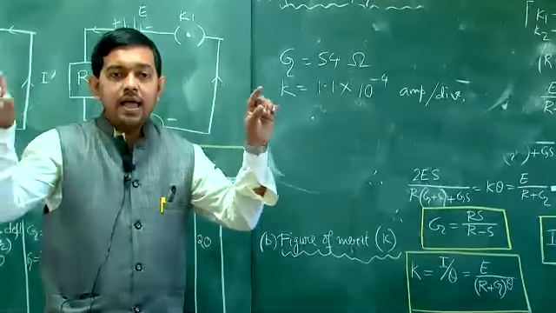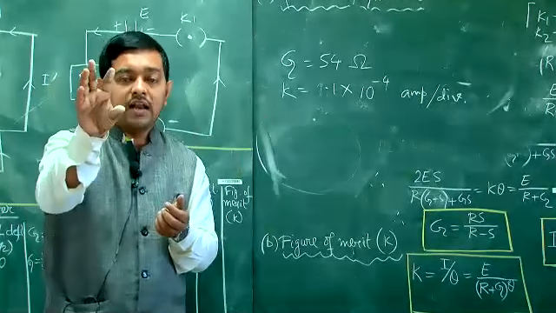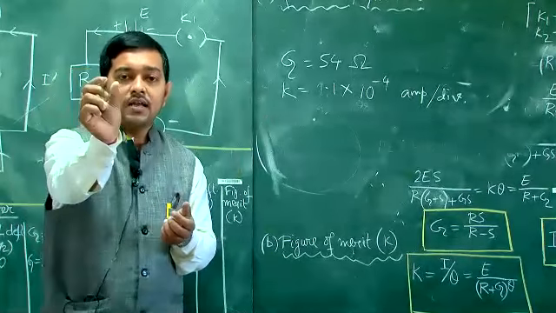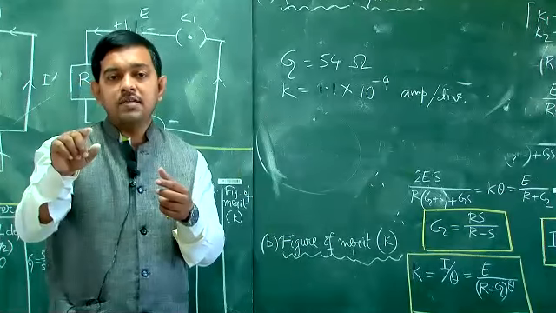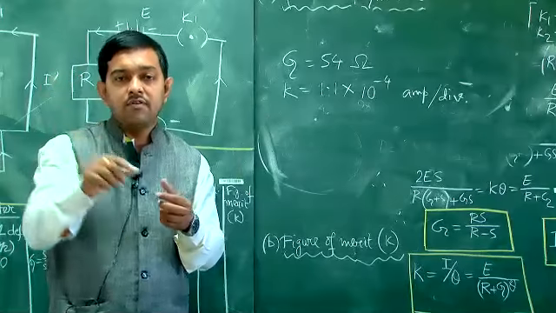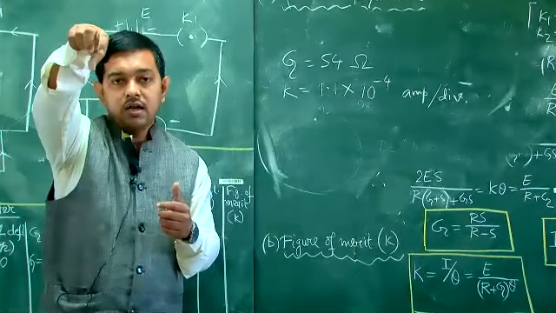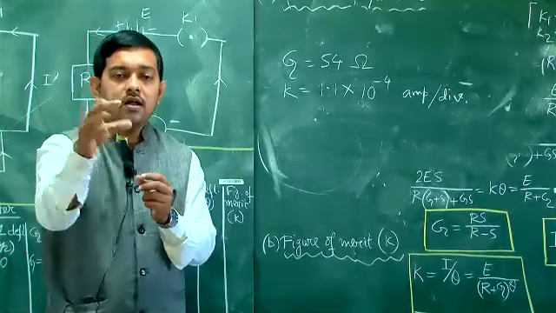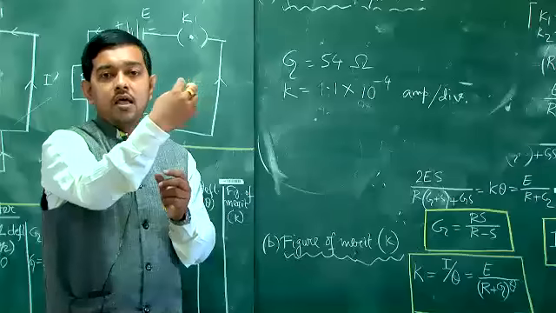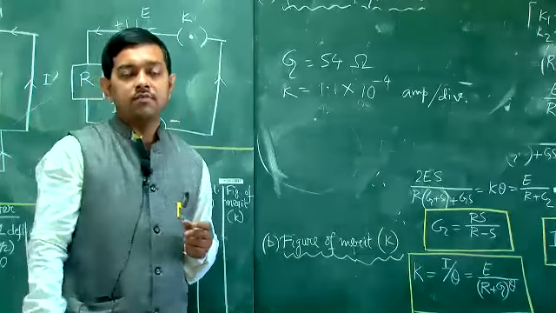There is a scale and a lamp just below the scale, and light falls on the galvanometer. Inside the galvanometer there is a mirror which is hanging. When current passes through the circuit of the galvanometer, the armature deflects and the mirror deflects. When the light falls on the mirror, the image comes on the scale. The image on the scale will move like this, and that shows the deflection.